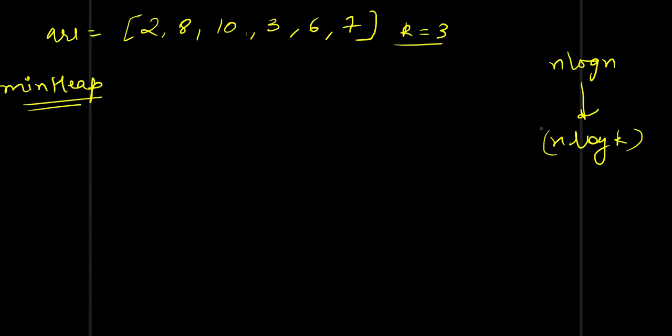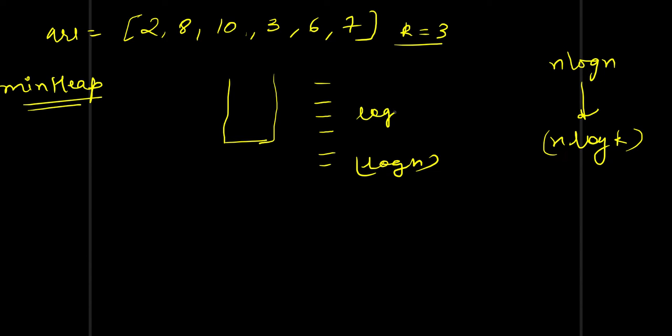In the identification of heaps, we learned that we reduce the size of the complete binary tree from log of n to log of k. So the depth of the binary tree gets reduced, and that results in lesser time complexity.